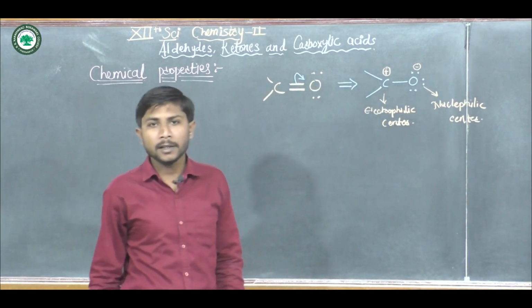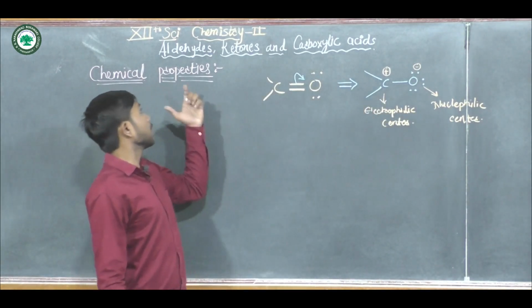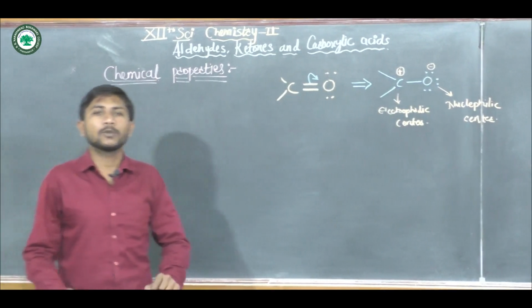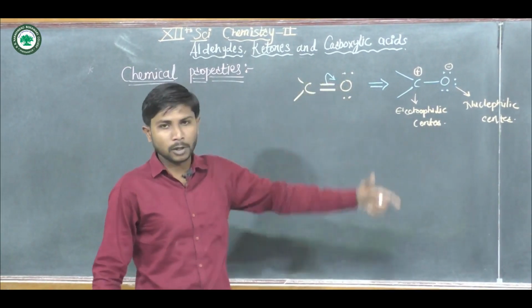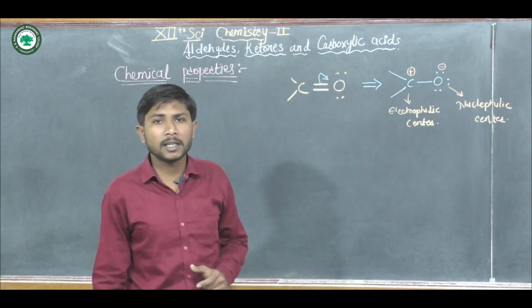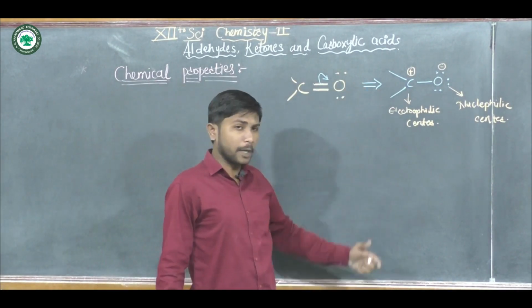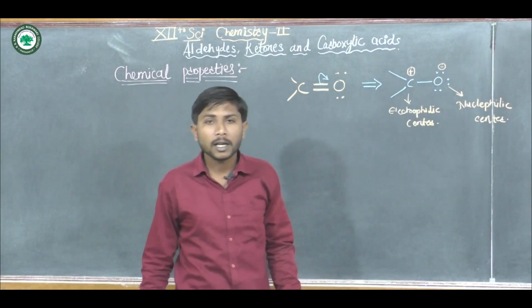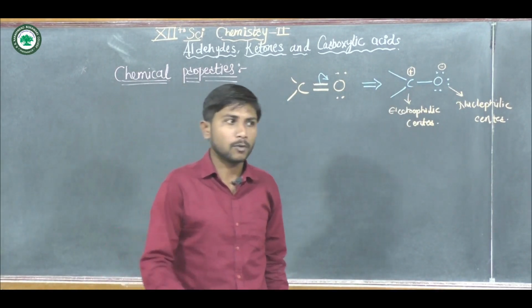So when we see the chemical reactions, meaning the addition of different types of reagents to the carbonyl group, the negative part of the reagent will automatically go towards the electrophilic carbon.